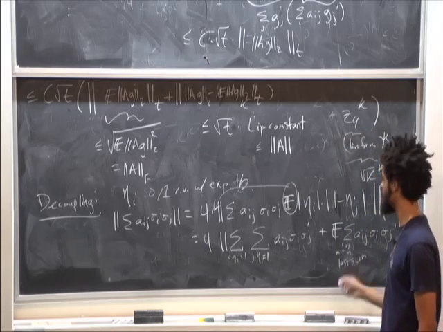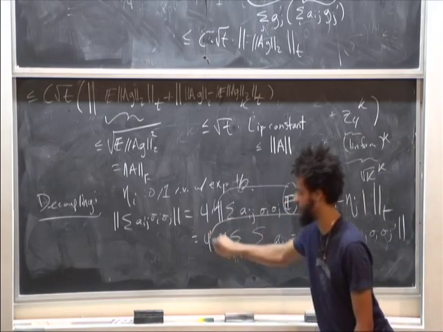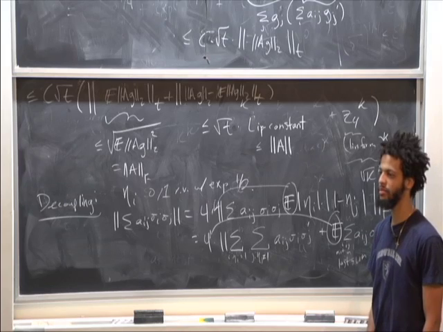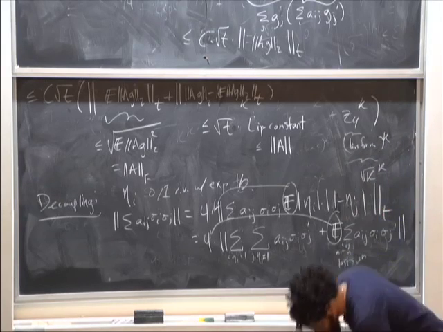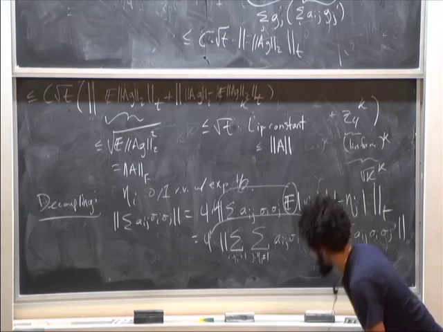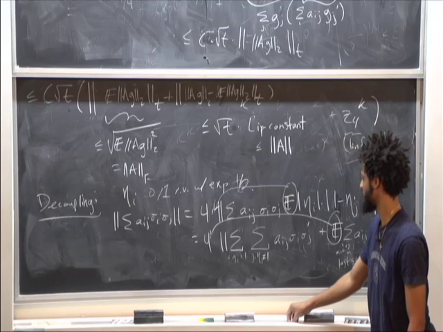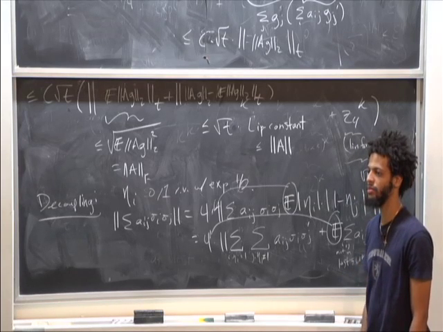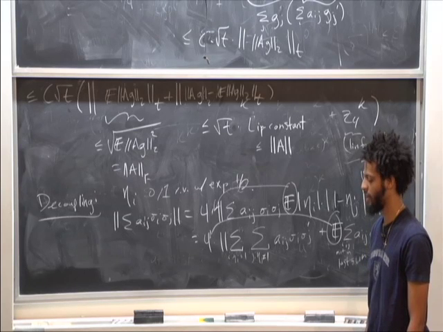This has expectation 0, and then I can pull that out again. So it's just writing the average of things that are bipartite.